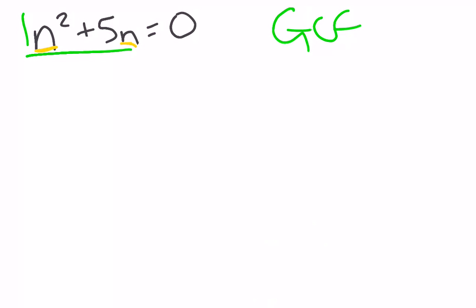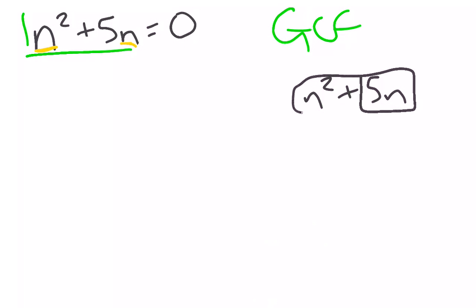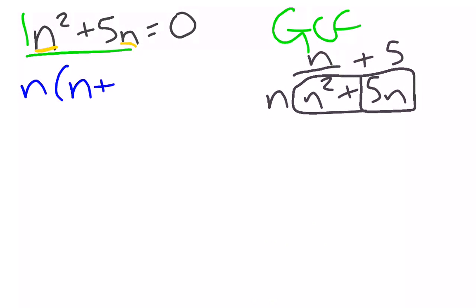And remember when we did stuff with GCF, we could put it in the box. Put our GCF, we said, is n. What times n is n squared? n. Plus what times n is 5n? 5. So this would factor to n times parentheses n plus 5 equals 0. Now I need to set each expression equal to 0.